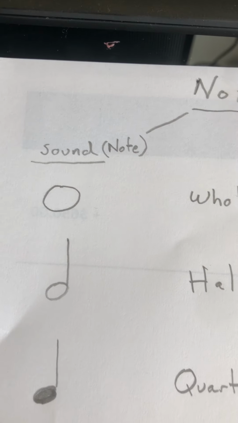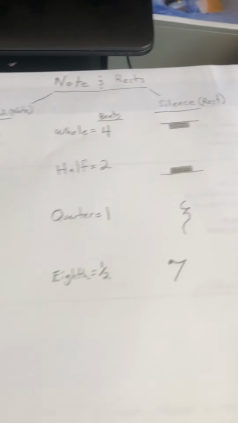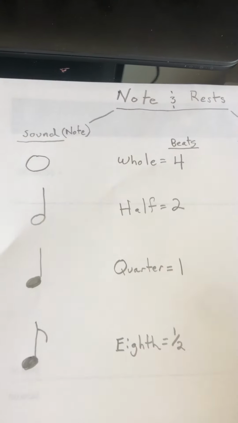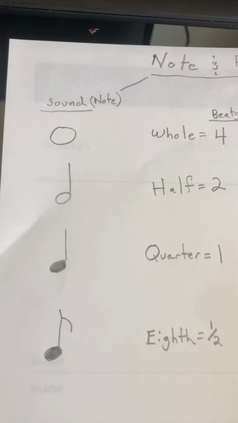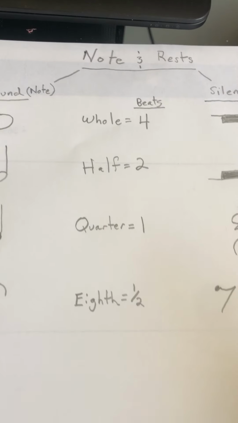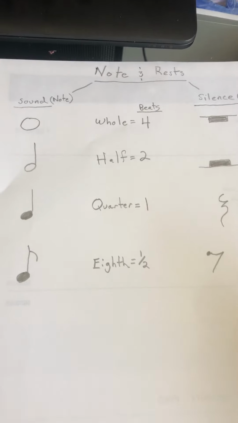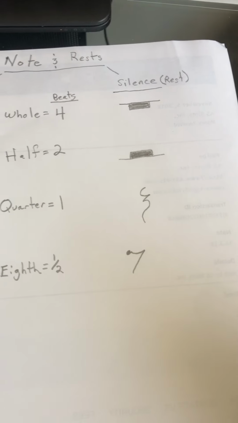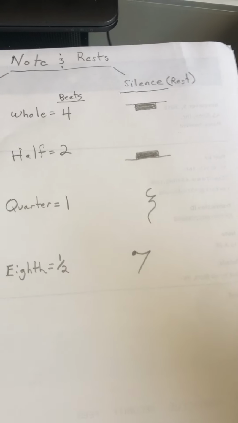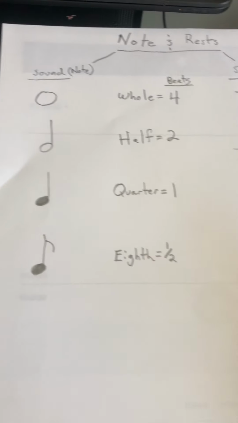Sound being the notes and silence being the rests. We're going to go over the notes first. As you can see, the beats would be equal for notes and their silent partners, the same values for those rests.